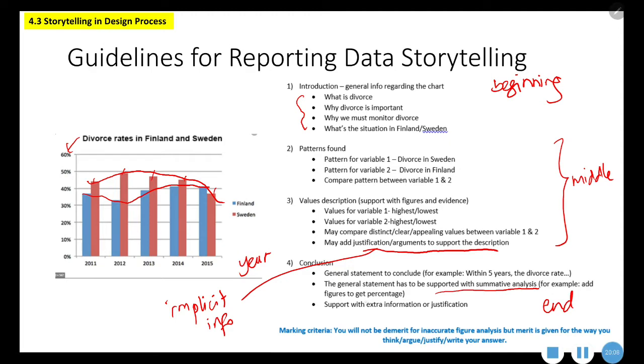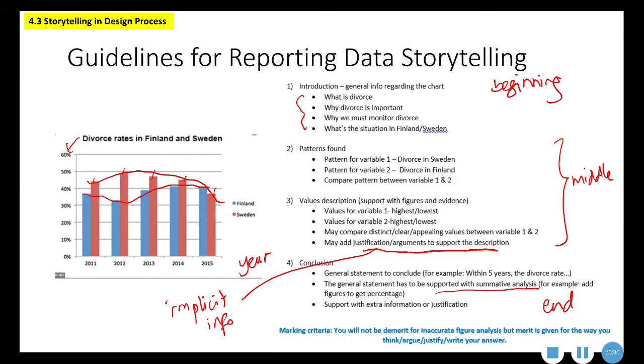So probably there are family clinics or counseling clinics, and counselors in Sweden and Finland are working hard to try to save marriage. So those are one of the corrective actions taken or options that can be opted by people in Sweden and Finland about divorce rate.